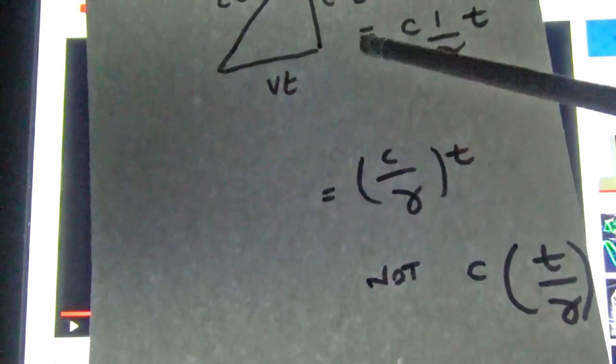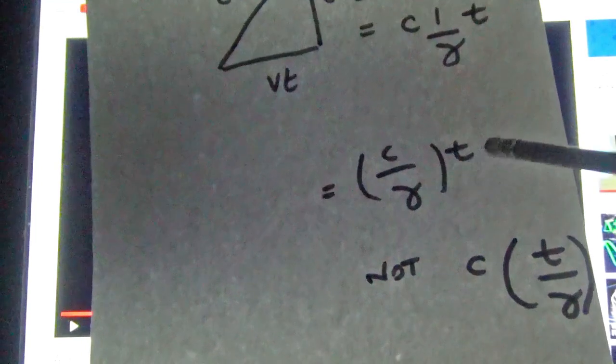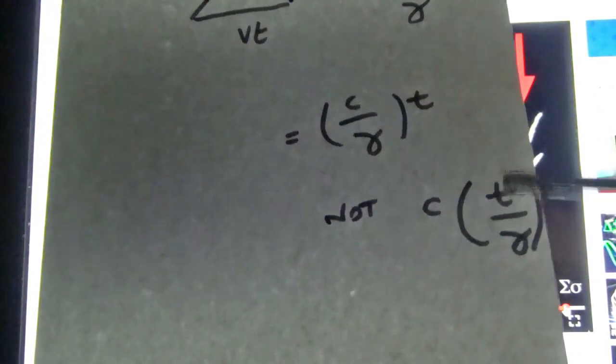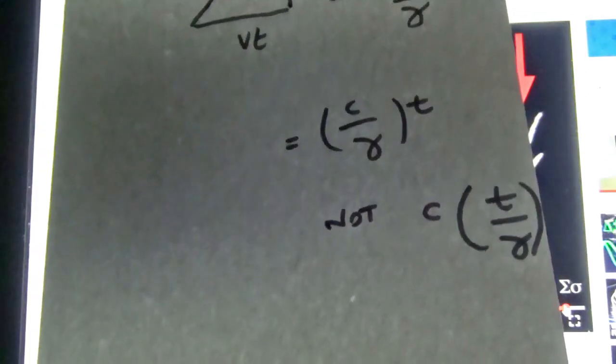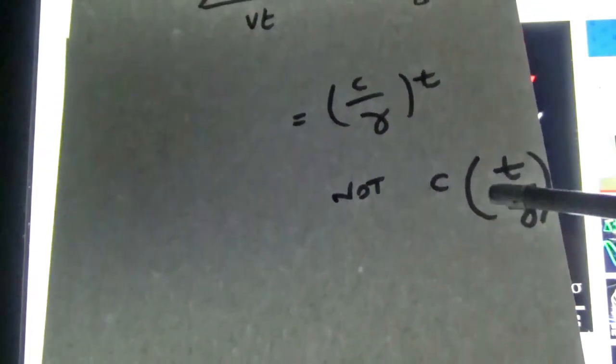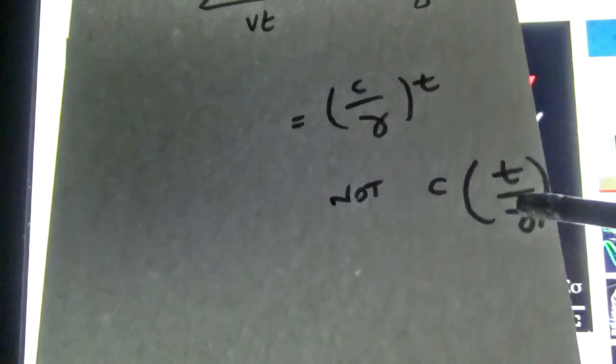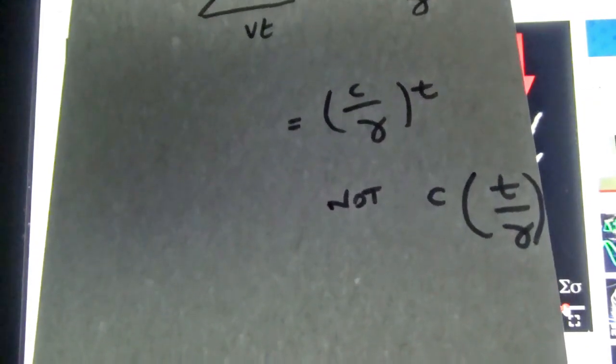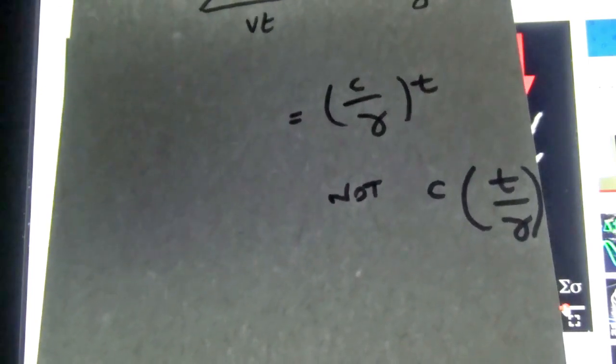Or he has to explain why he is going with that equation instead of that. Why is he putting t divided by gamma when he should be going c divided by gamma? He hasn't gone into an explanation of that.